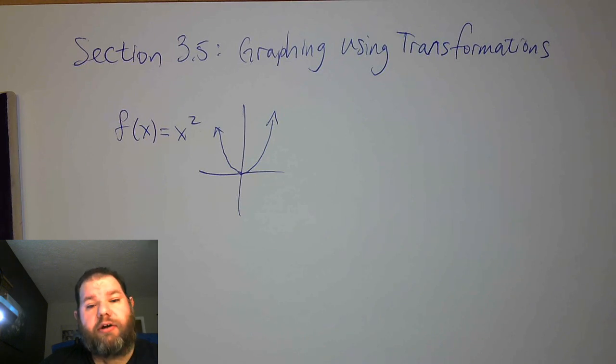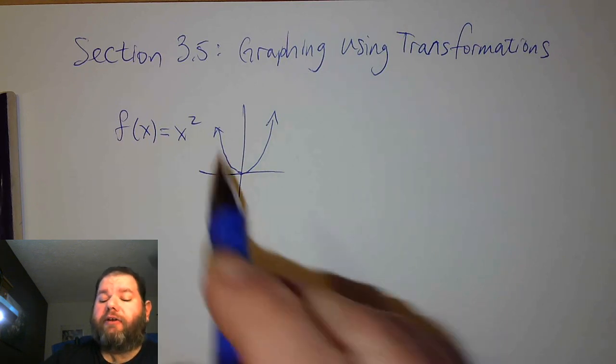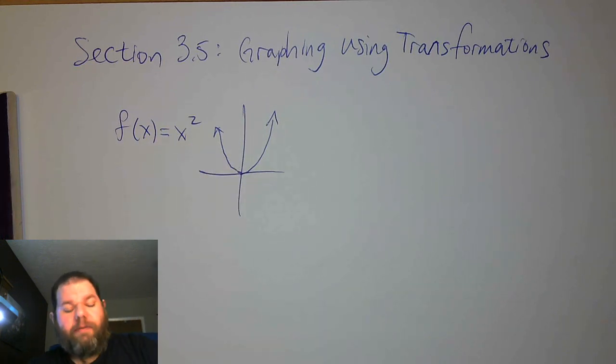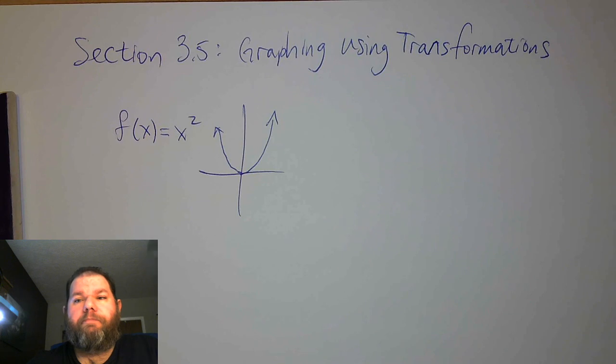So it does require us to be able to utilize our library of functions that we discussed last time, which it expects us to know these basic shapes that are associated with the different functions. Like x squared looks like this. Absolute value of x has a v shape. What does the square root of x graph look like?